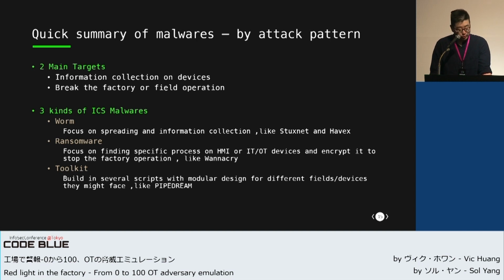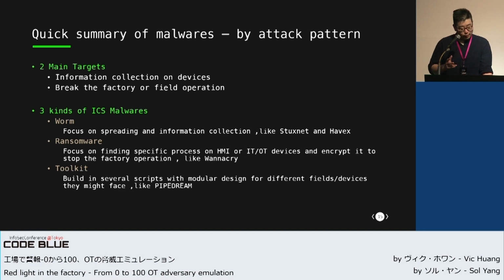First is worm. It's focused on spreading and information collection, like Stuxnet and Havex and even PLC-Blaster. And also the second one is ransomware.